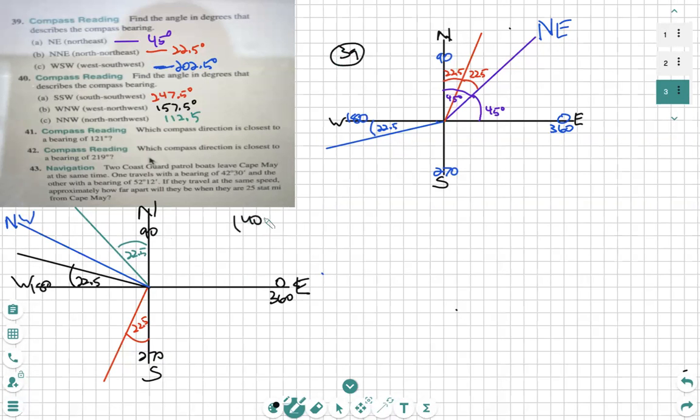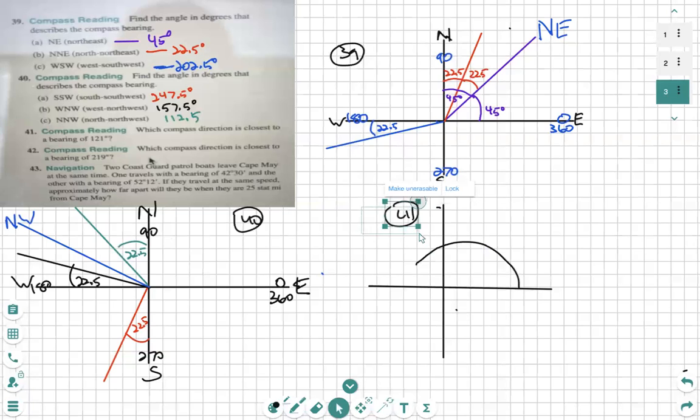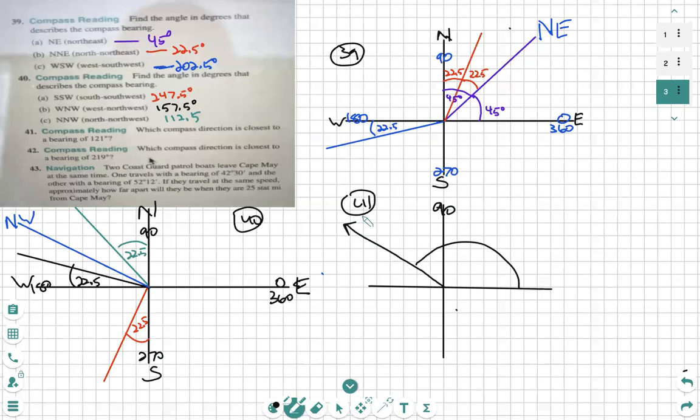Beautiful. So this was 39. This was 40. 41. Which compass direction is closest to the bearing of 121? So we're going to take our degree measure and we're going to go find 121. 121 is in this quadrant. We know that this is 90, and then we know that northwest is going to be 90 plus 45, at that 135 mark.